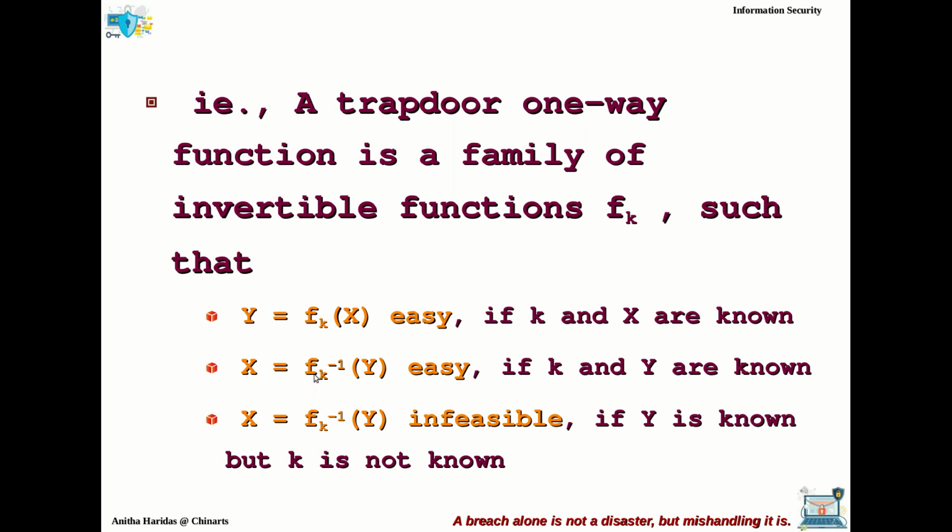So in any cryptographic algorithm, if it is to be a public key crypto system, then it must possess a trapdoor one-way function. All of RSA, DSS, Diffie-Hellman have this function.